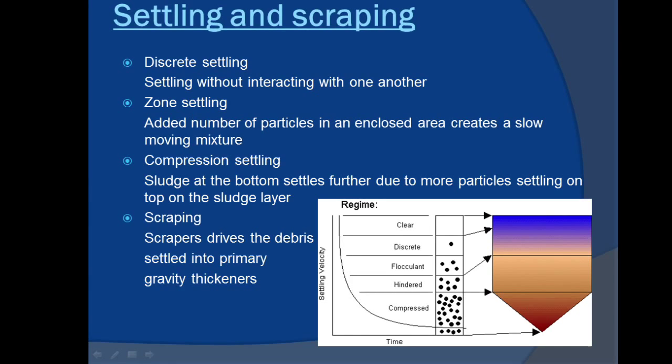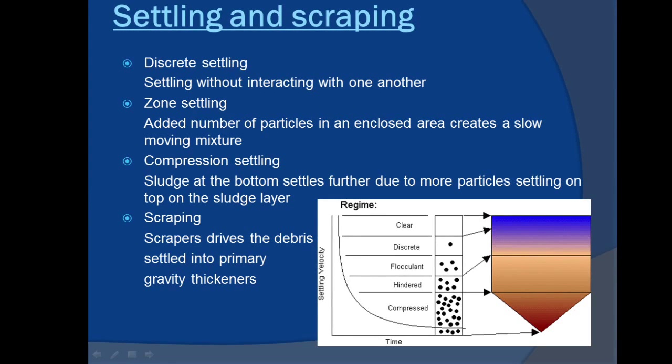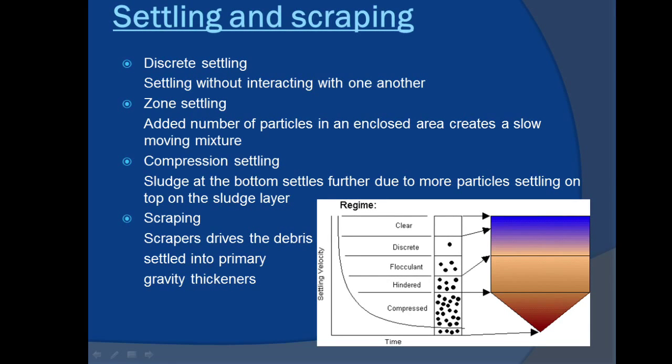There are three types of settling, which are discrete settling, zone settling, and compression settling. Discrete settling is a process that removes discrete particles in a very low concentration without interference from nearby particles.